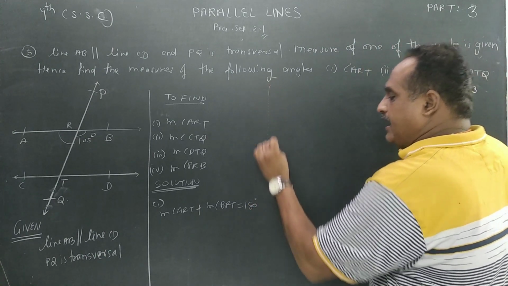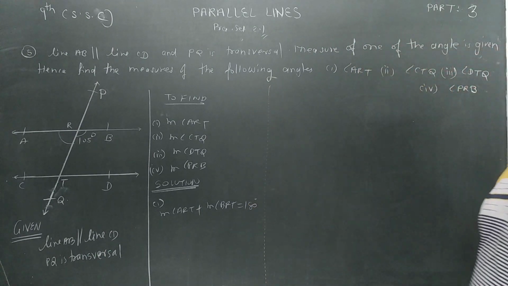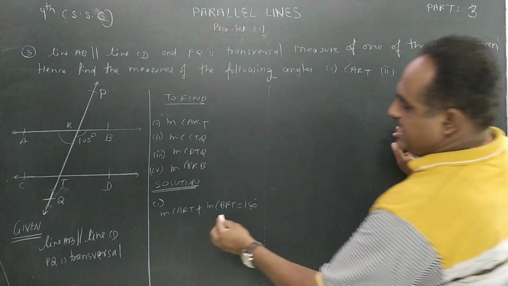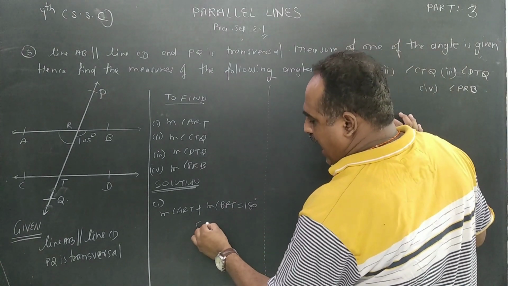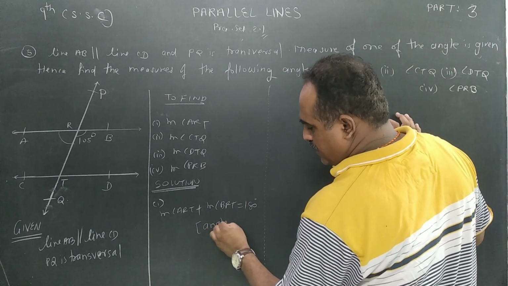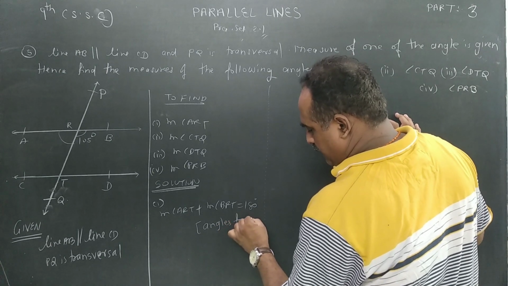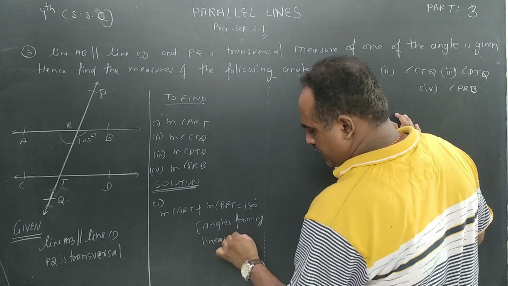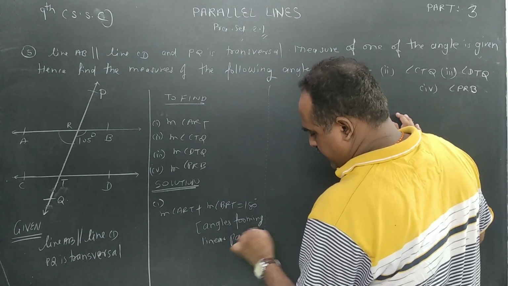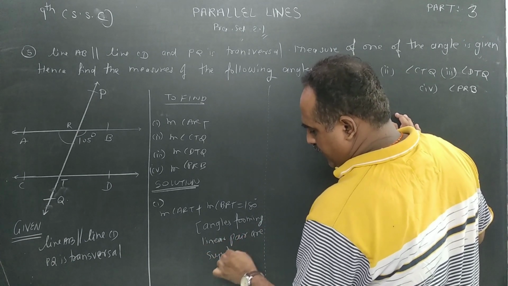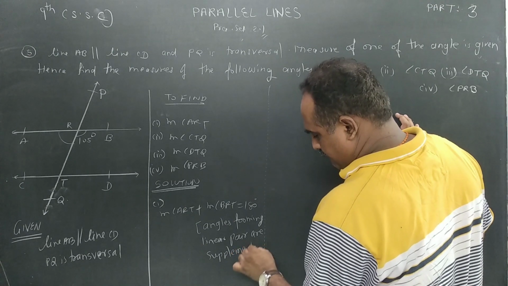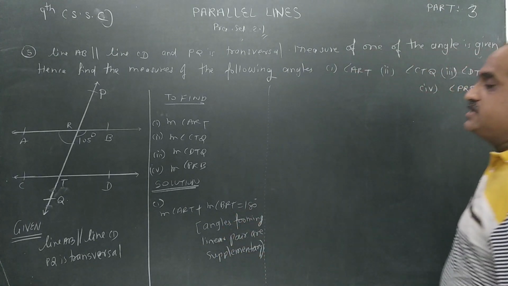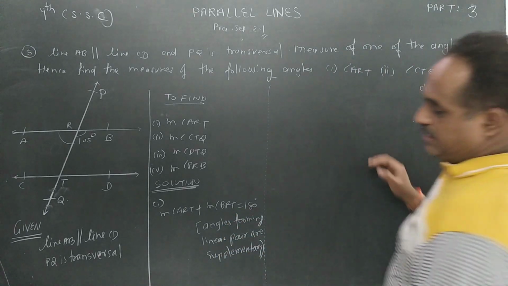Why is the measure of angle ART plus BRT equal to 180 degrees? What reason did you write? Angles forming linear pair are supplementary.